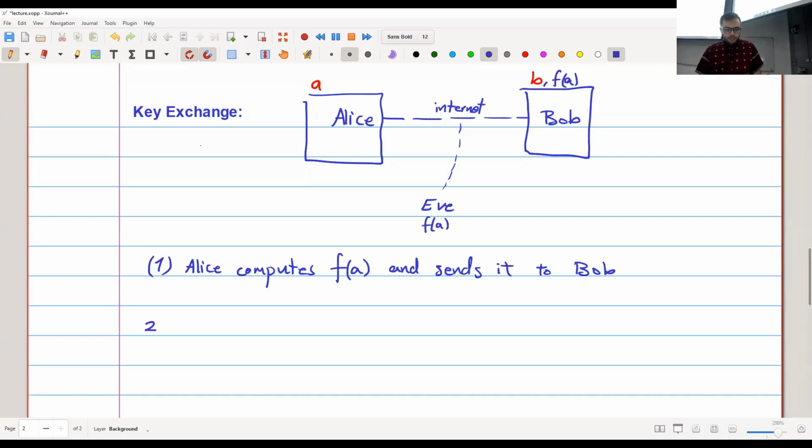Now, let's say that Bob does the same thing. So Bob also applies the same function f to his secret B and sends it to Alice. So he computes f of B and sends this f of B to Alice.